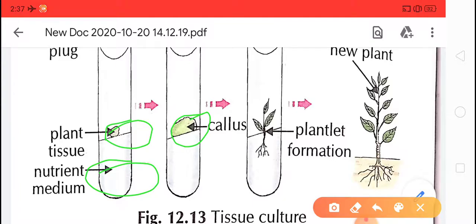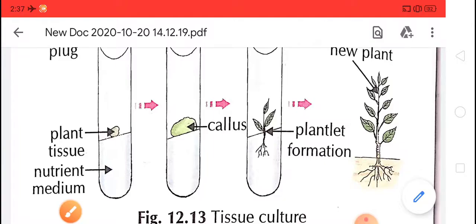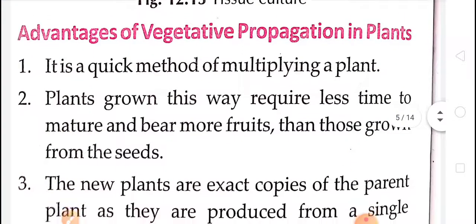After that it forms the plantlet, the small form of the plant. When the plantlets are formed in the test tube, we take them out and sow them in the soil. Then we can observe that the new plant forms. This technique is tissue culture.